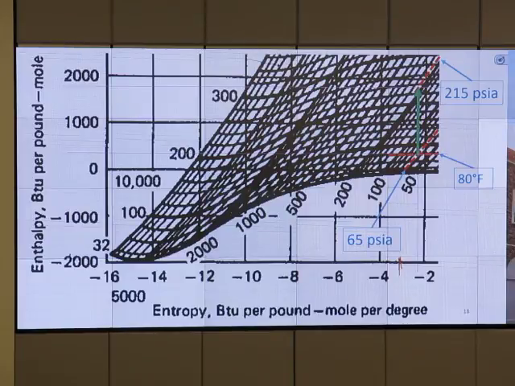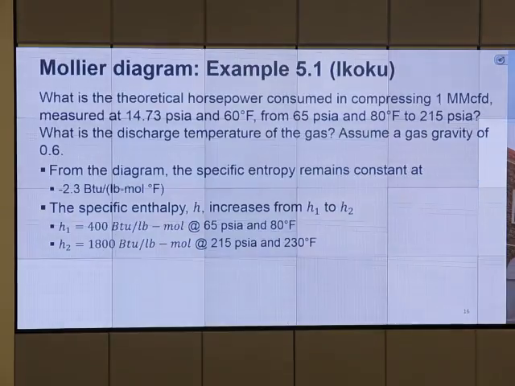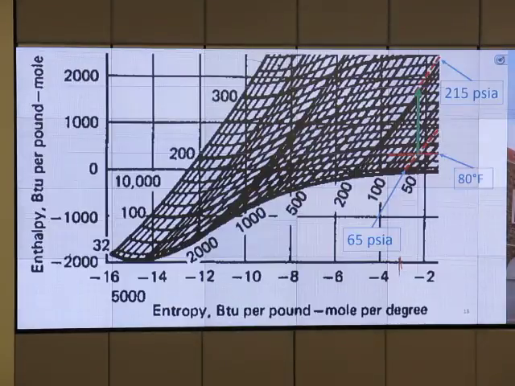Our target pressure is 215, right? We want to compress from 65 to 215. So we go directly up and stop at 215. My task now is to read the left axis.